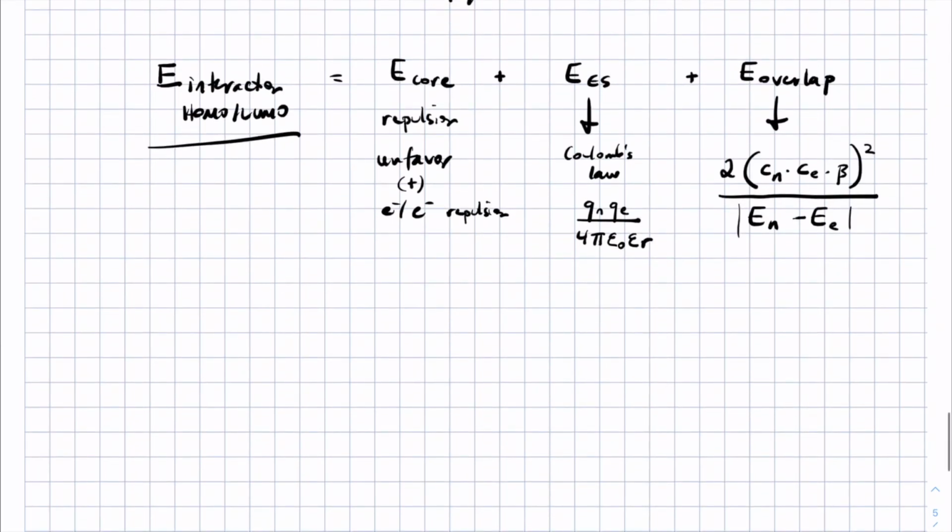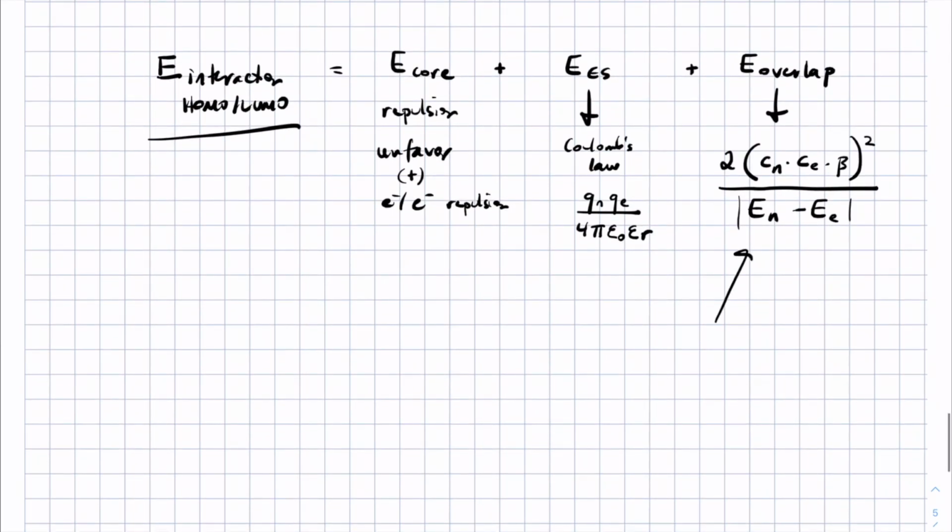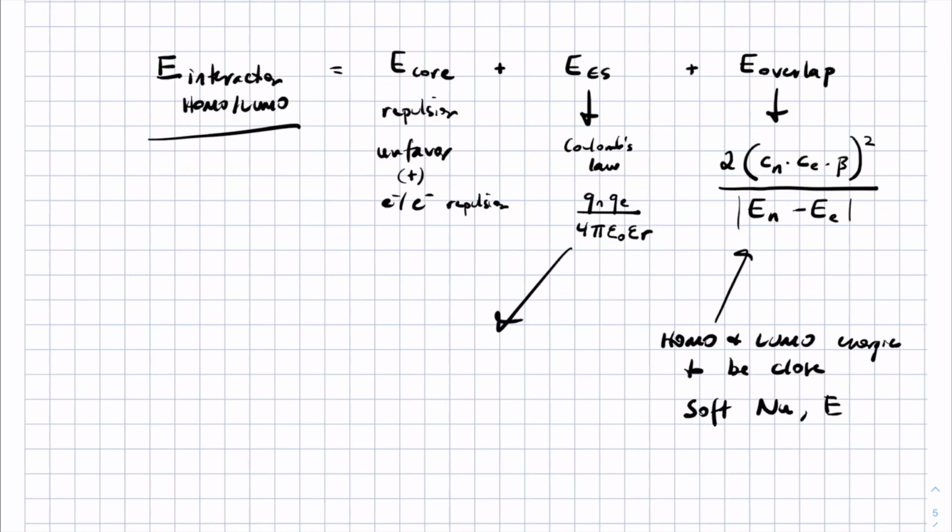So another way you can have a very favorable interaction is for HOMO and LUMO energies to be close. This is the case for soft nucleophiles and electrophiles. In contrast, the electrostatic attraction is the case for hard nucleophiles and electrophiles. Hard nucleophiles tend to have low energy lone pair electrons, or low energy electrons in a highest occupied molecular orbital.